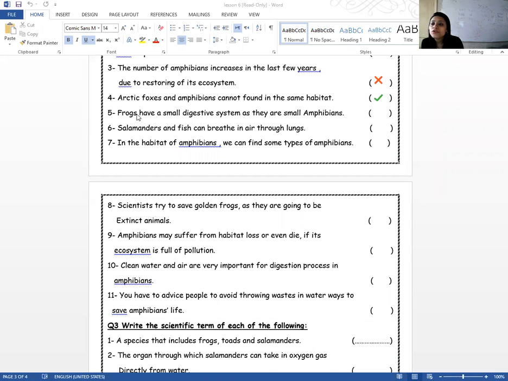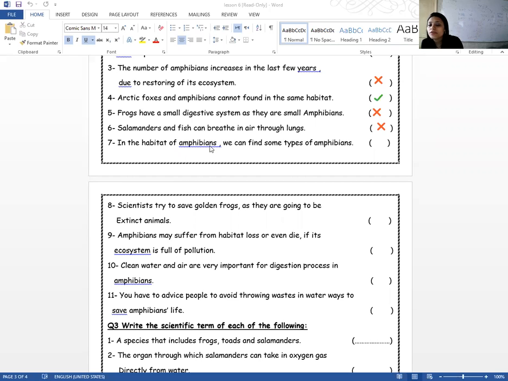Number 5, frogs have a small digestive system as they are small amphibians. Wrong. Salamanders and fish can breathe in air through lungs. Wrong. Fish can't breathe through lungs.